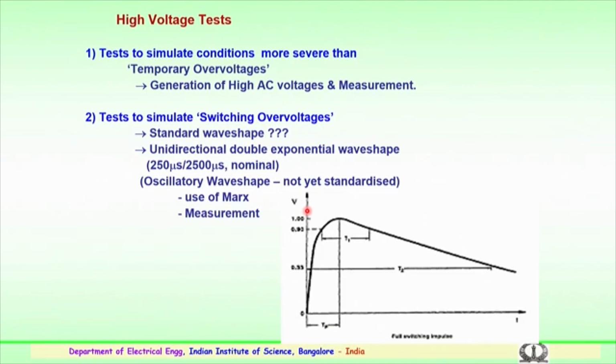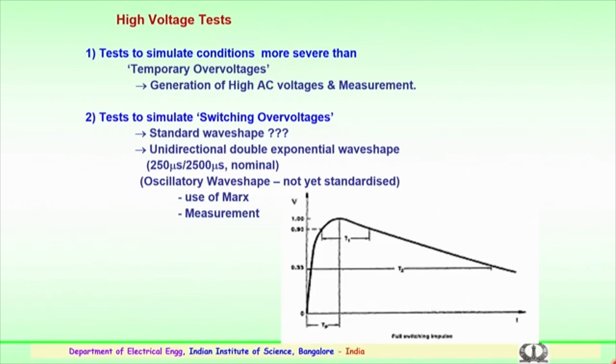So, what type of high voltage tests are carried out in the laboratory and how we are simulating this in the laboratory. So, high voltage tests, as mentioned, is to simulate the conditions more severe than the temporary voltages. For this you have to have equipment to generate temporary higher voltages.